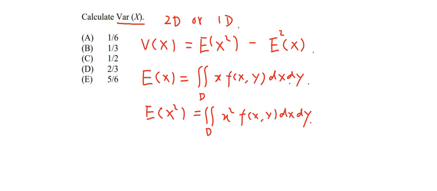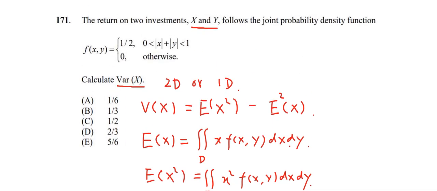So here this density function f is constant, it is half. And here we need to find this region D. So what is this? The absolute value of x plus the absolute value of y is between 1 and 0. So we just check this.